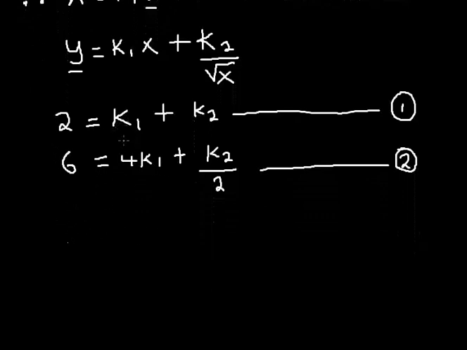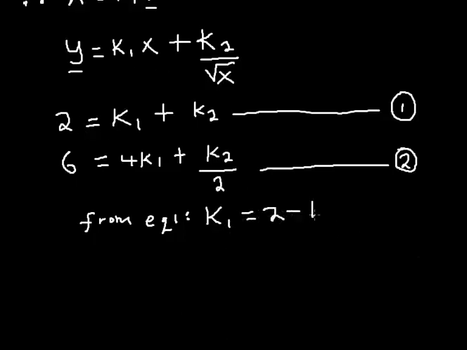All right, from equation 1, let me make k1 the subject. From equation 1, I have that k1 is going to be equal to 2. I take k2 to the other side. That's going to be 2 minus k2, right?